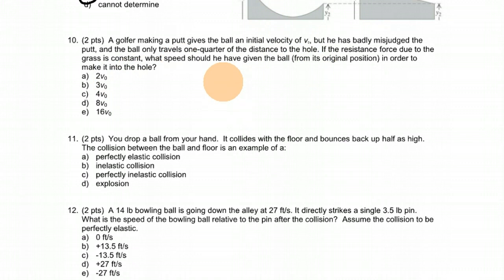So what we're looking for here is you've got some sort of initial velocity, and that's going to translate into some energy loss, force times distance, in order to get the ball to go this distance. So we're assuming the ball basically will be stopped or very close to stopped when it gets to the hole. Okay, so we'll have this relationship right here.